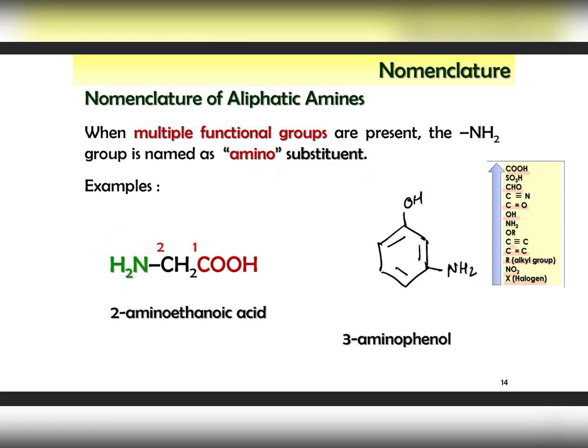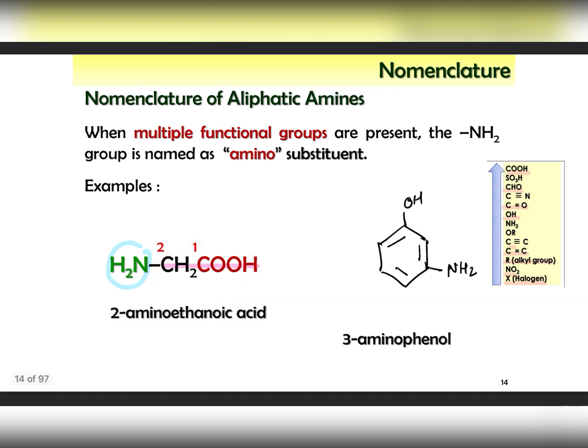Okay, so untuk this case, the parent will be this ethanoic acid, and NH2 here will be the substituent. So the numbering will be carbon 1, 2. The naming will be 2-amino ethanoic acid.